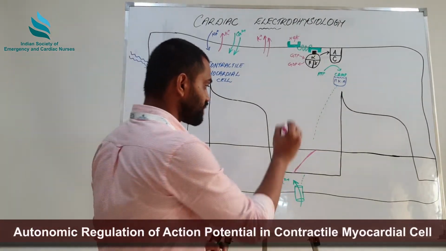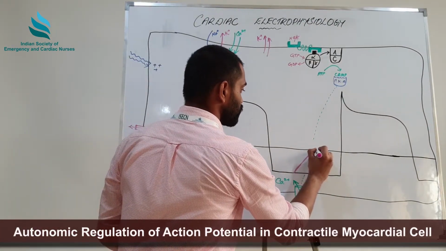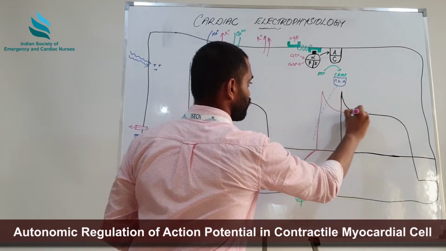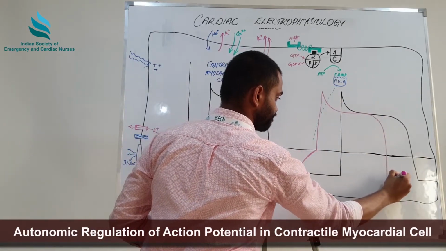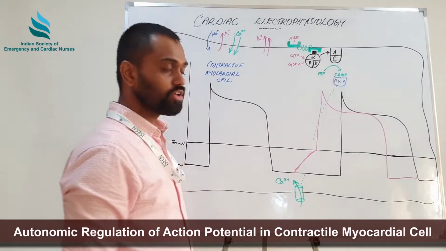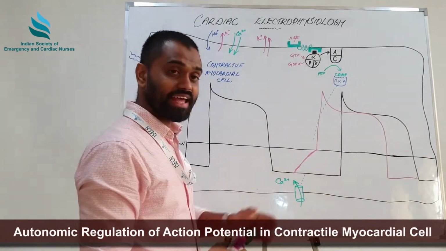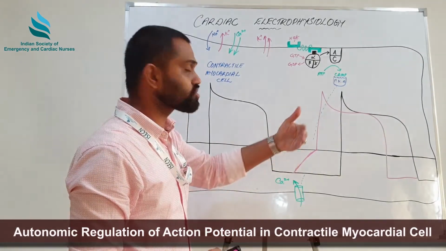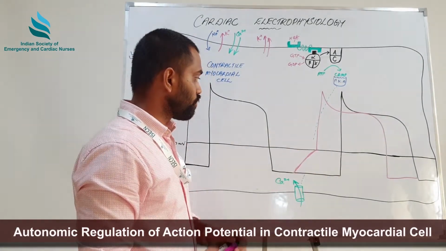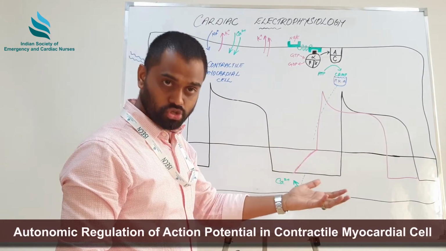And as it touches the threshold, it throws out another wave of action potential. Now this one in the pink color is an extra action potential, which will result in an extra systole.